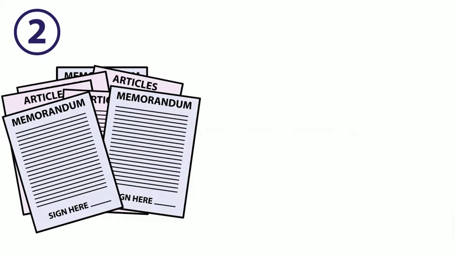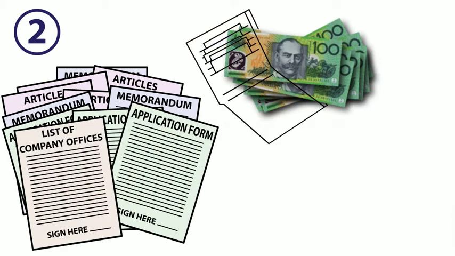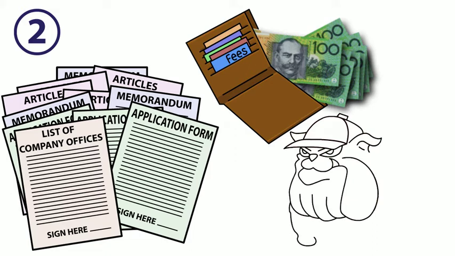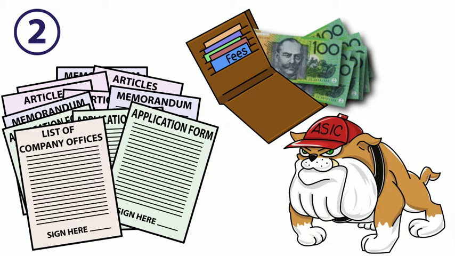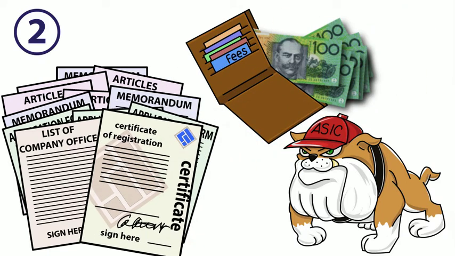Companies must comply with many formalities under the Corporations Act to set up a company, which includes the payment of registration fees to the Australian Securities and Investments Commission, that is, ASIC, the corporate regulator and watchdog, with oversight and law enforcement functions over all companies in Australia. A company is born when it gets a certificate of registration from ASIC.